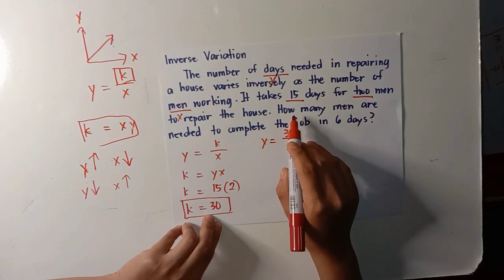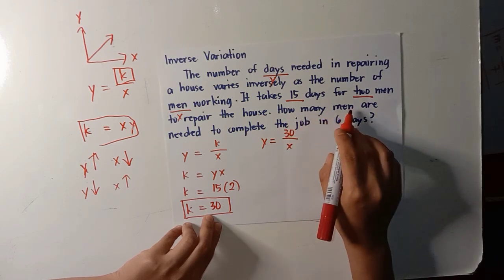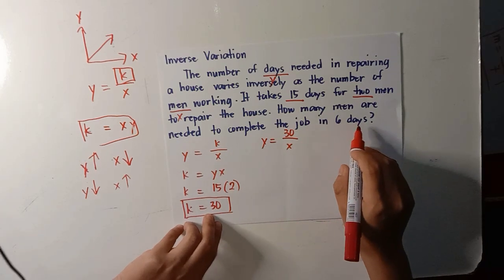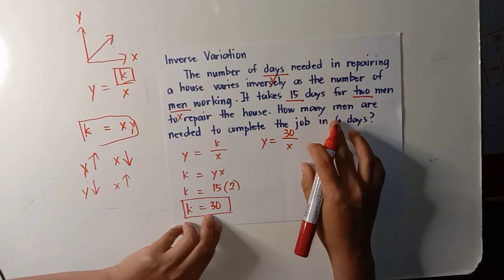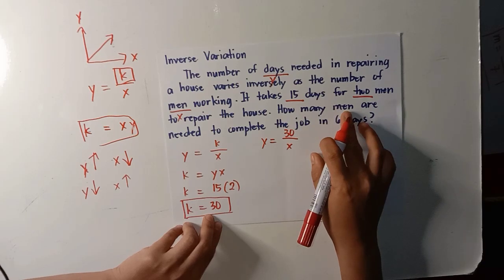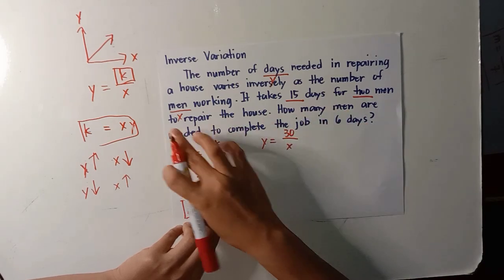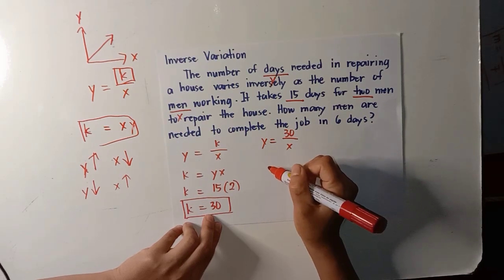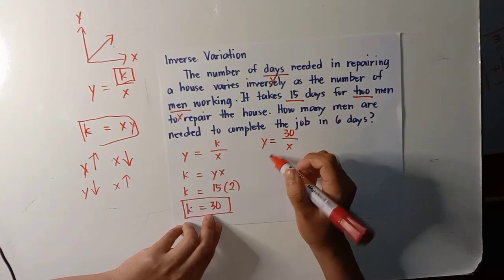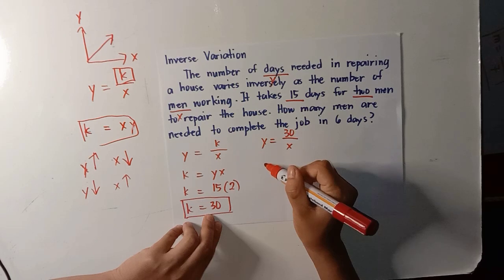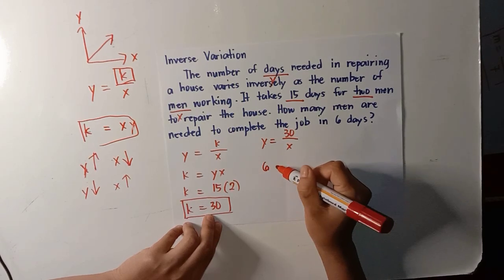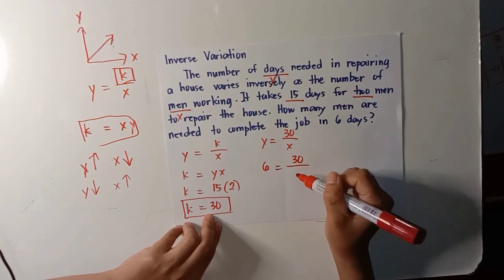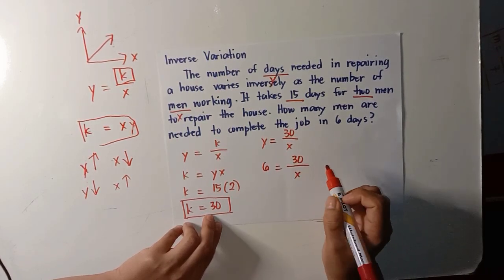Let us solve this. How many men are needed to complete the job in 6 days? So we are asked the number of men. So the unknown is x. Okay, substitute y with 6 and then 30 over x.